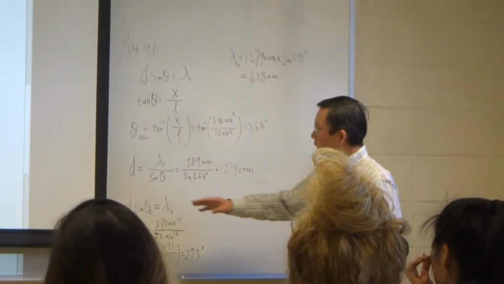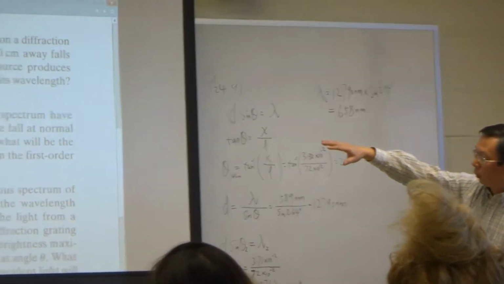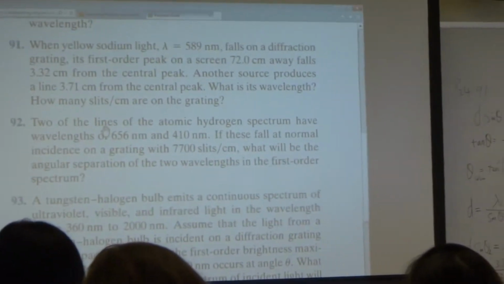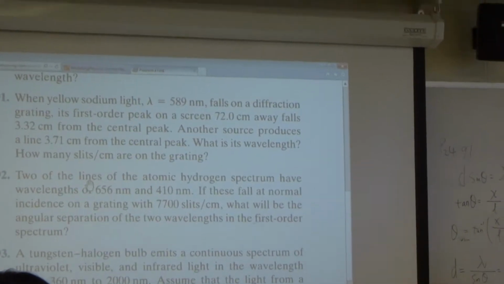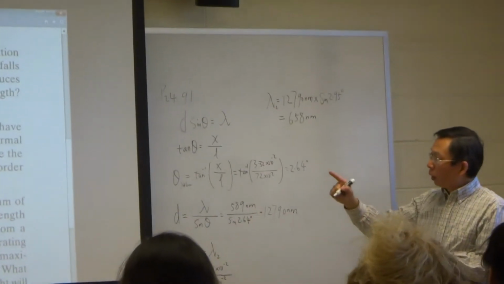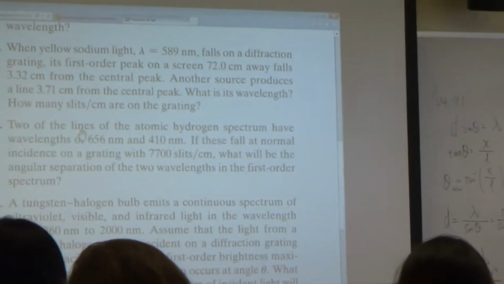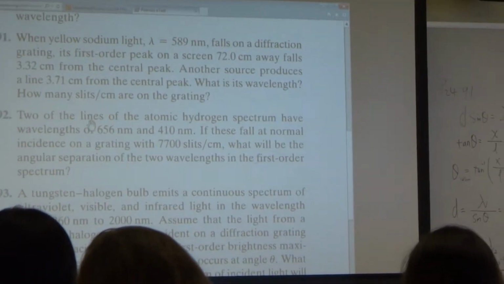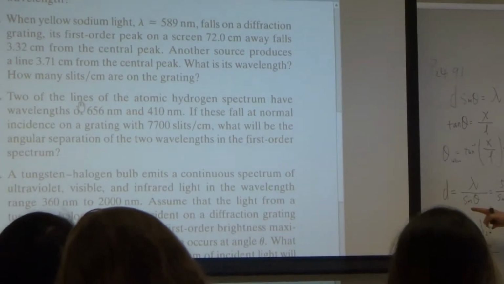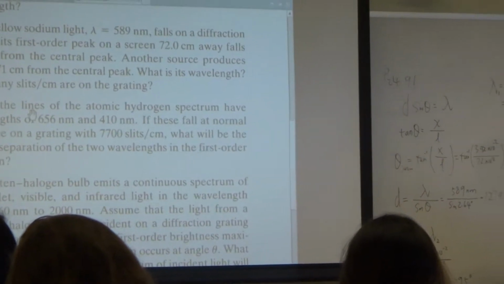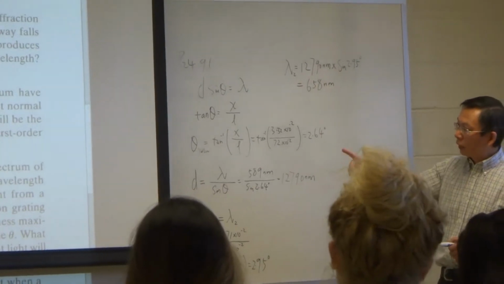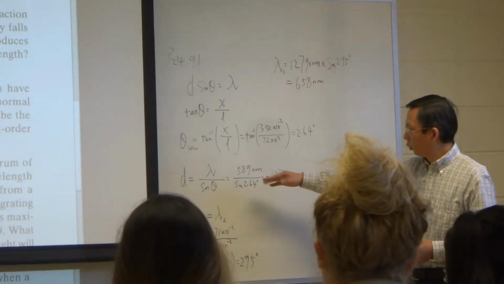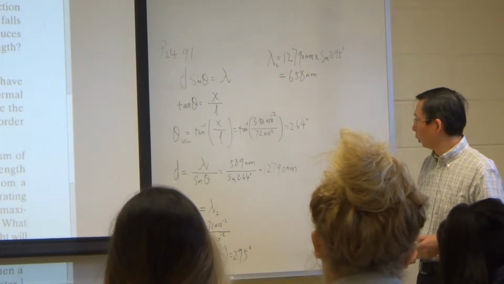So we got d, then for the second part of the statement, we can determine the wavelength, just using that formula again. The second question asks how many slits per centimeter on that grating. Since you know the adjacent distance between two slits on that grating, they're asking how many slits per centimeter, which is just another reciprocal.